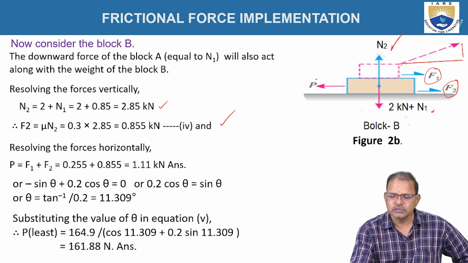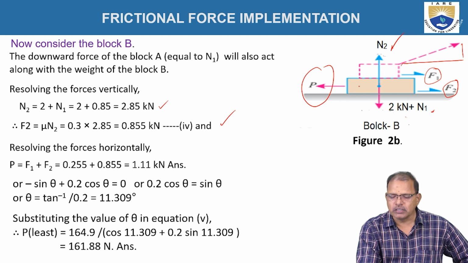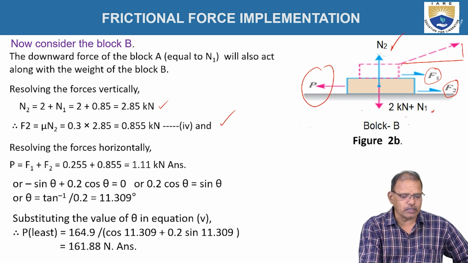So P is the force that is acting here. That is, P is equal to F1 plus F2. Because the block tends to move toward the left hand side, the friction force acts toward the right hand side as shown in figure. P is equal to F1 plus F2, which is equal to 1.11 kilonewtons.